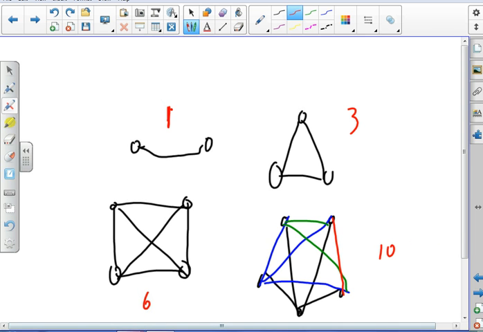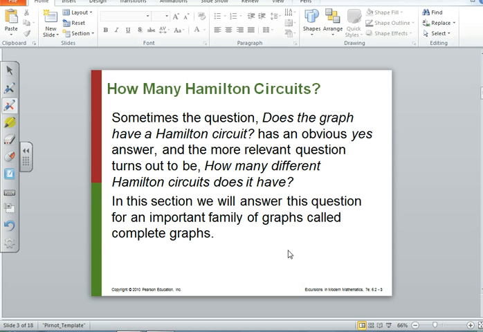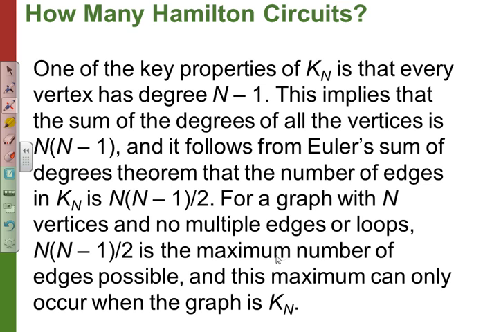There's got to be some math associated with that. Get to the next slide. We'll see whether or not it tells us. Next slide, please. There we go.